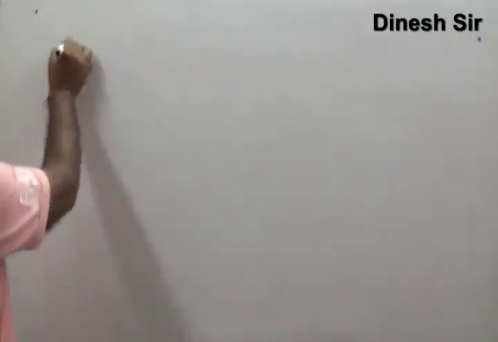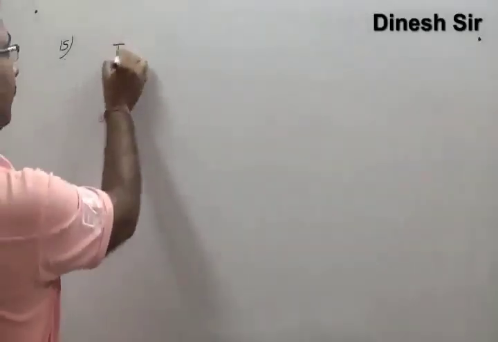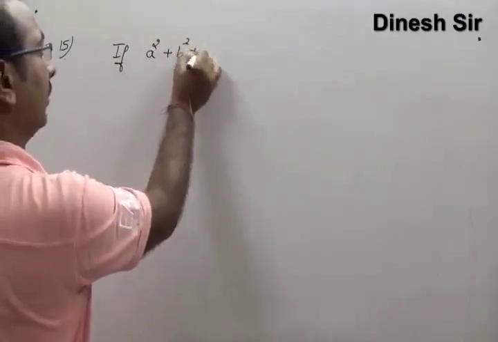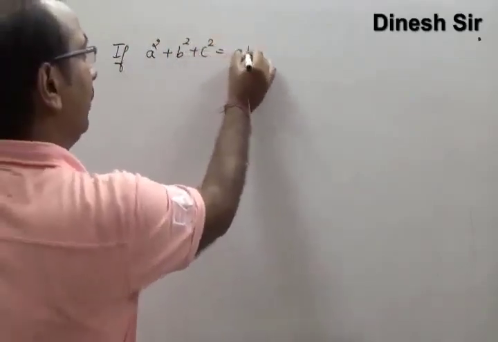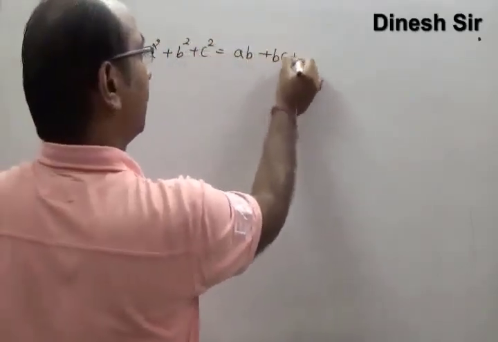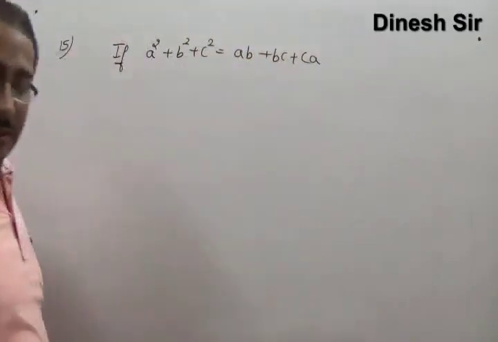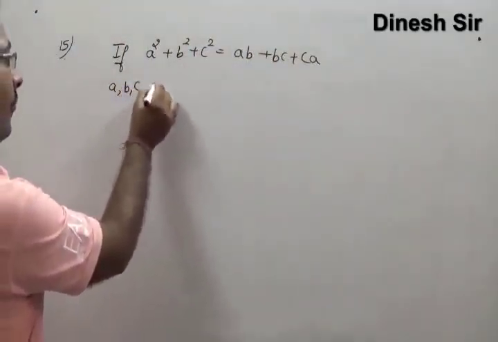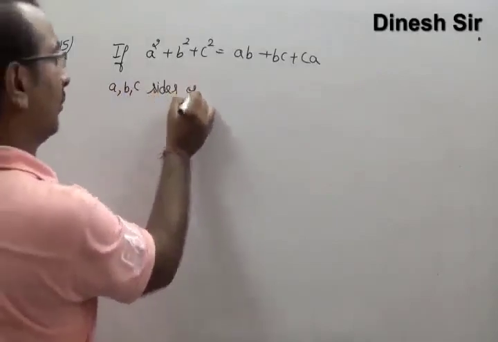Then after that you have statement number 15 here. It is given that a square plus b square plus c square equals ab plus bc plus ca, right? And a, b, c are the sides of a triangle.